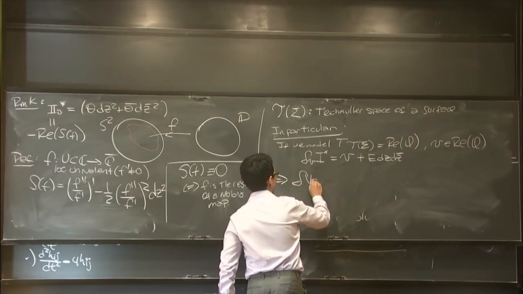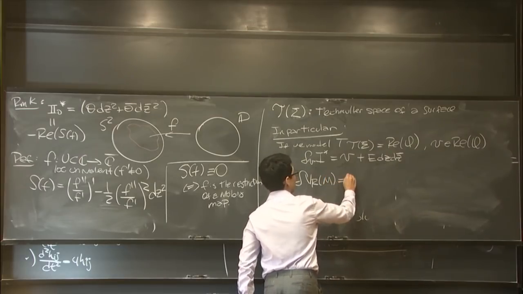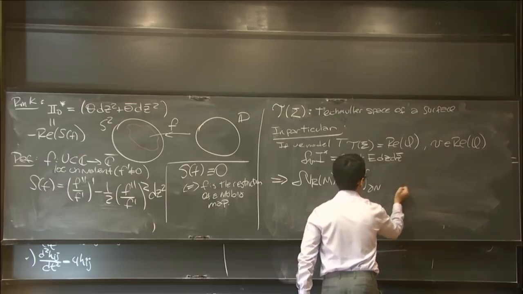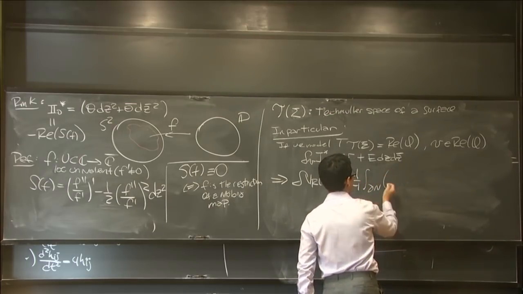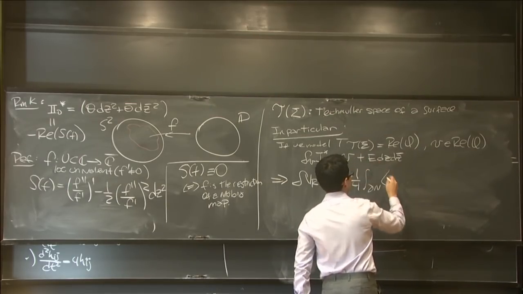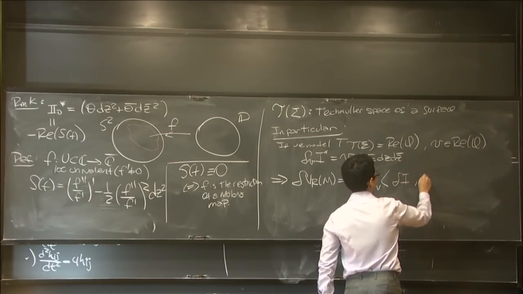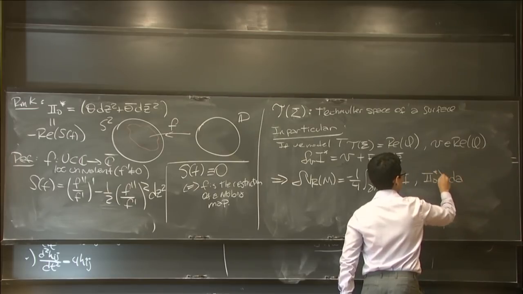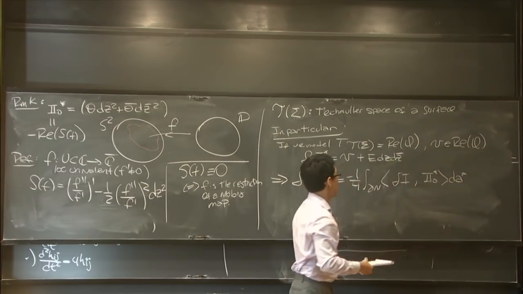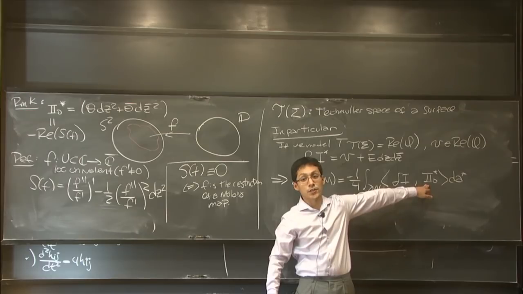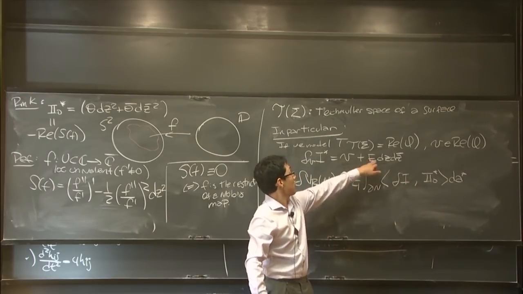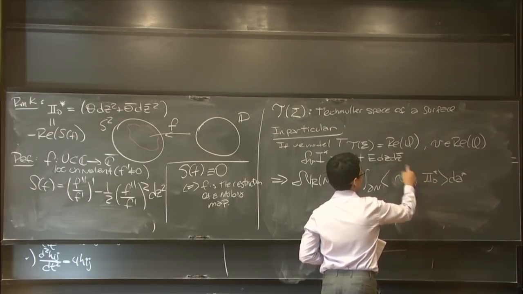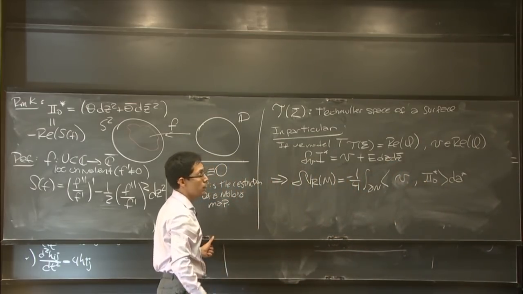So then, the variation of renormalized volume is equal to -1/4 integral over the boundary of the variation of I, the fundamental form at infinity. You should remember this is a traceless tensor. So when you're taking the product with this, you can just replace this with V, since this inner product is just going to be 0.